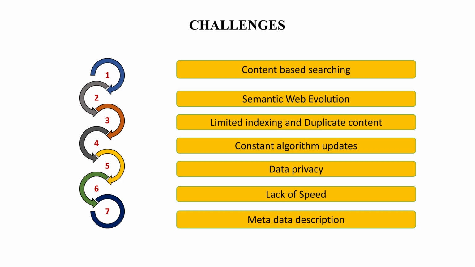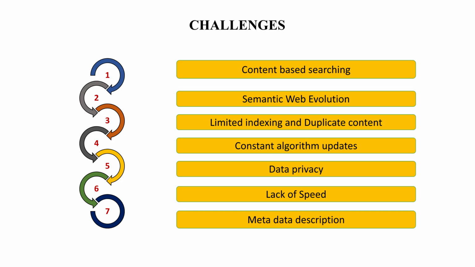There are constant algorithm changes. Every page is putting in an algorithm to satisfy the user's need. The search engine needs to understand to what extent the new algorithm is working or the new features are being added in web pages. On the basis of that, if it is able to understand properly, then it is able to deliver the correct result.